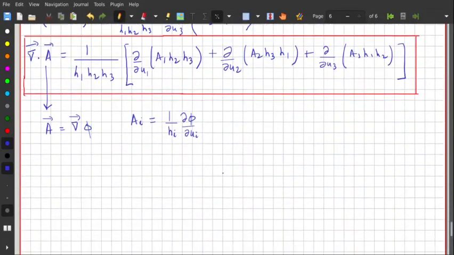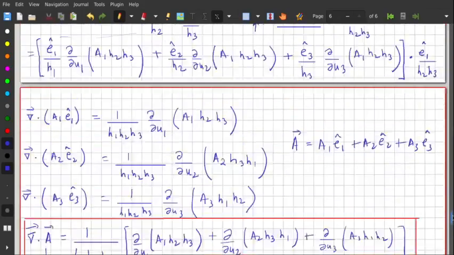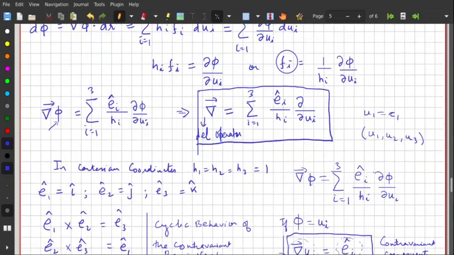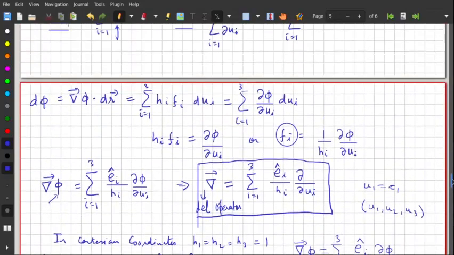So if we recognize this, that A_i is this, this is the gradient of phi.